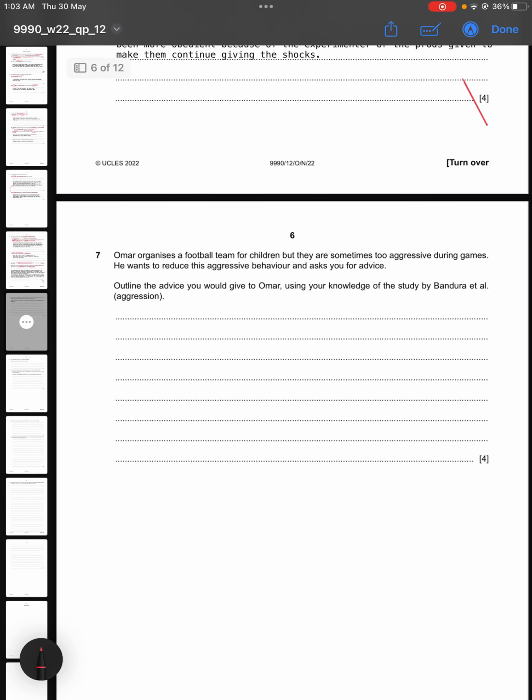And then question number 7 says, Umar organizes a football team for children, but they are sometimes too aggressive during games. He wants to reduce this aggressive behavior and asks you for advice. Outline the advice you would give to Umar using your knowledge of the study by Bandura et al. on aggression. So make sure that you are clear about the idea that Bandura was about aggression inducing.